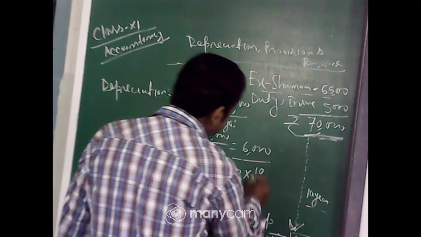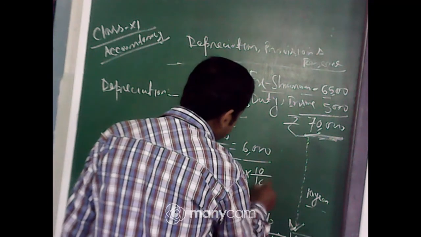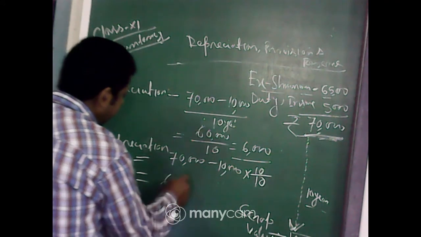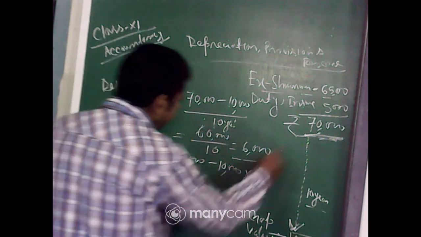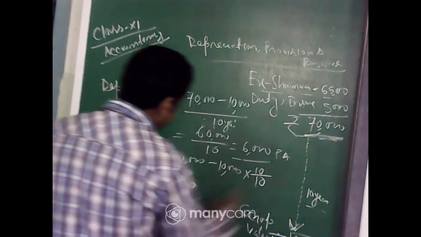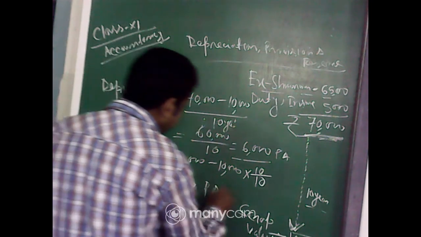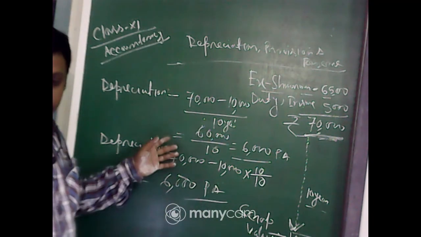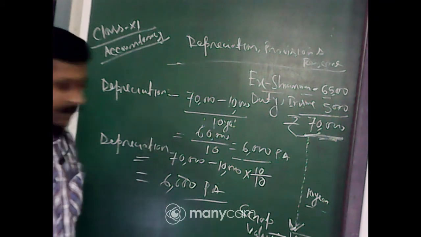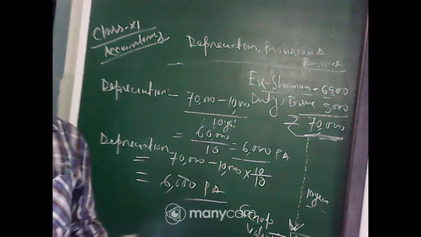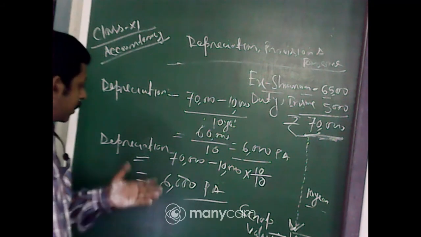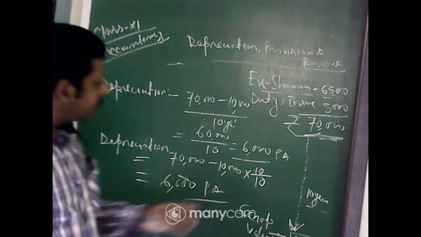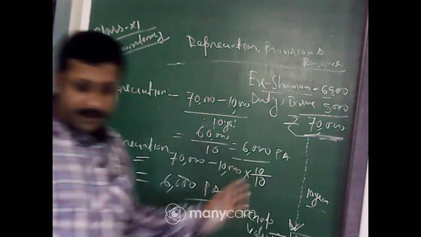So the rate is 10 by 100, and you get the same result, that is 6,000 per annum. Sometimes the years will be given and sometimes the rate will be given, and according to that you have to work out the depreciation. So this is the factor you have to consider.